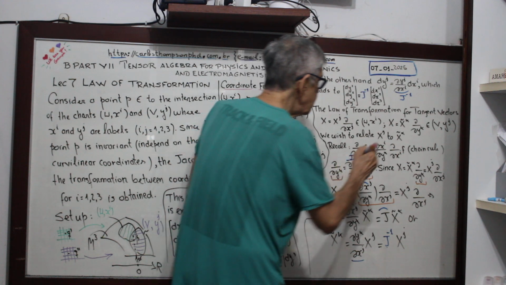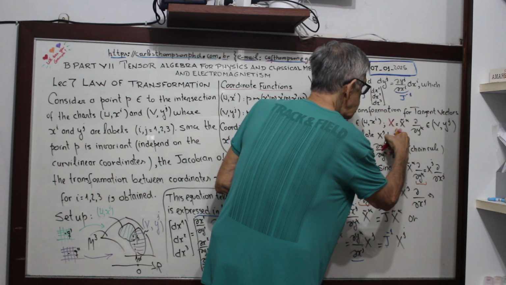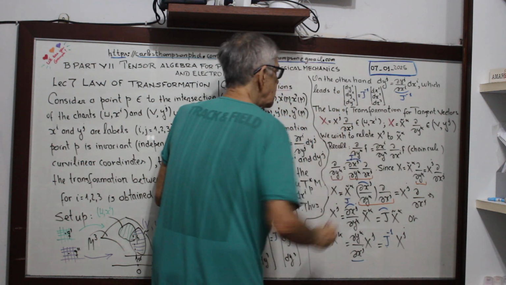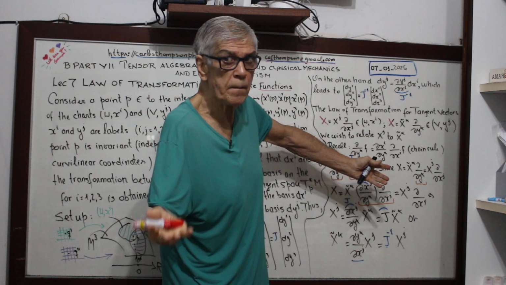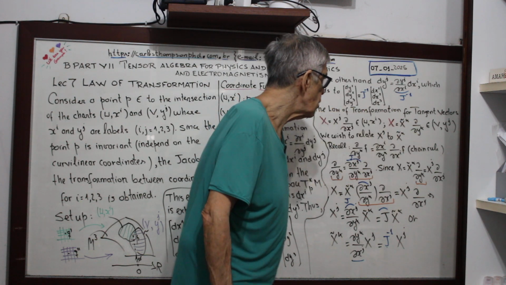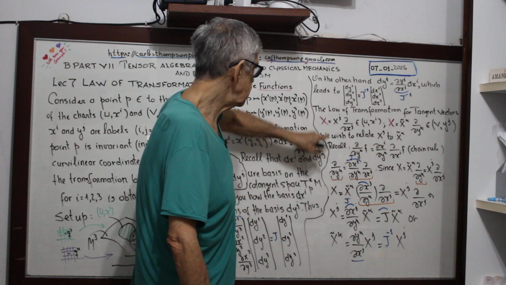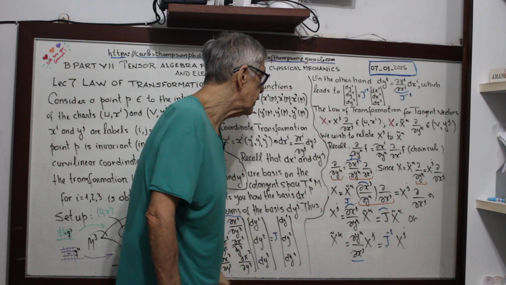You see, the same vector, I can also represent with different components, obviously, X tilde^k partial y^k. This belongs to the chart V, y^j, and these components belong to the chart U, x^i.